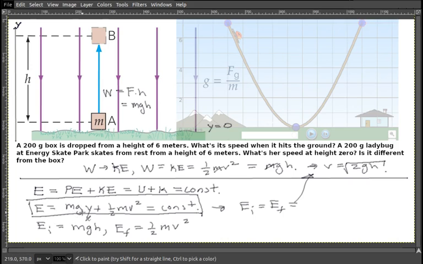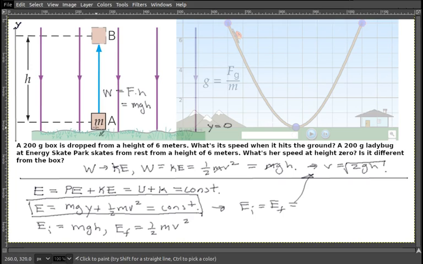Ladybug's energy is always mgy plus 1/2 mv squared. She starts off with velocity 0, from rest. So her energy at the top is mgh, same as for the box, where here the height is 6 meters. At the bottom, she converts all of that gravitational potential, that 6 meters up of gravitational potential, into kinetic energy, same as the box did.